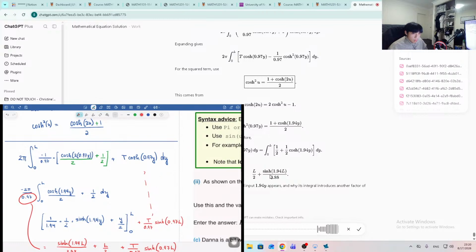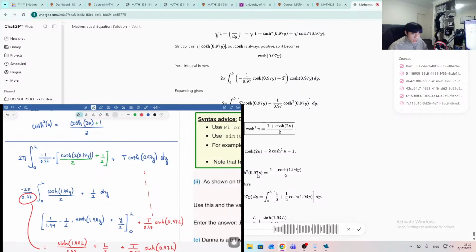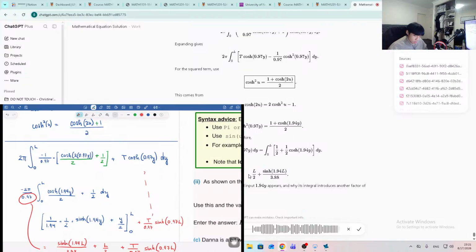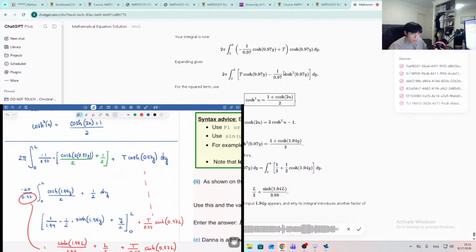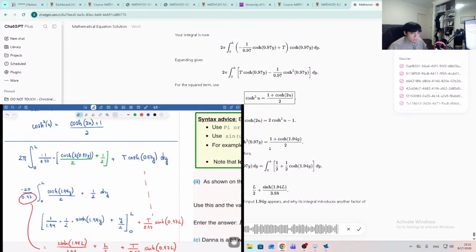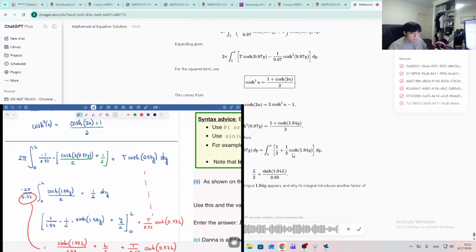Where did the -1 over 0.97 go? You didn't factor it out, did you? I know you did split the cosh squared term into 1 plus cosh 2u over 2, right? And then you're also able to split that up, but wouldn't you need to multiply in that minus 0.97 part that you took out?